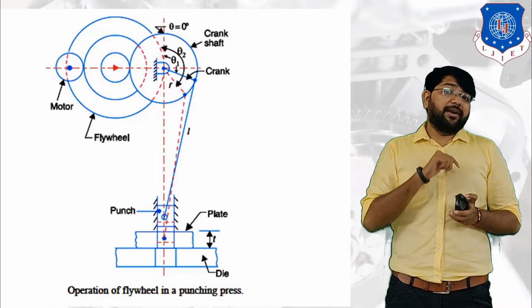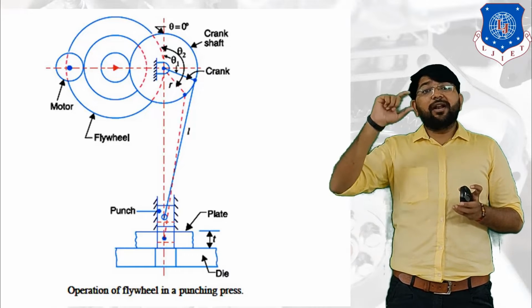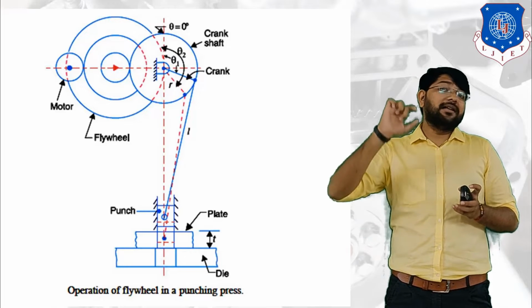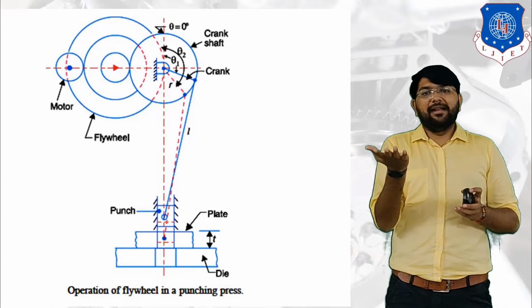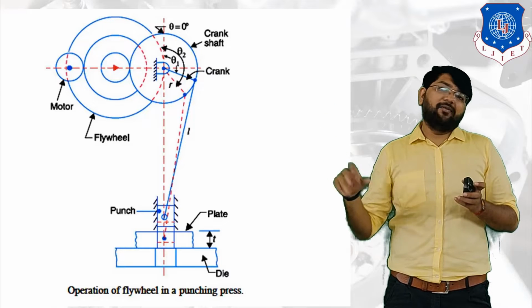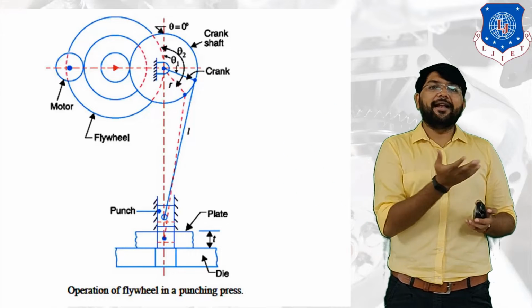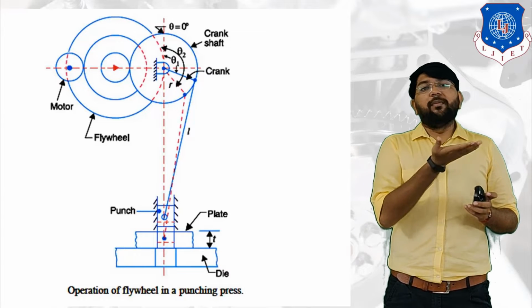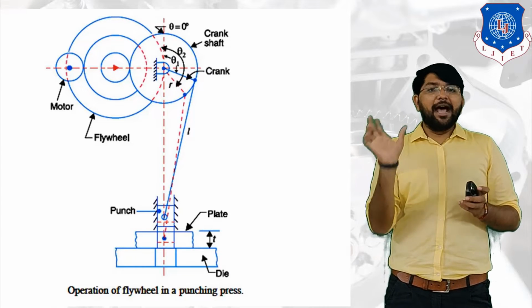In a punching press our piston works like a punch, and we require energy whenever the punch comes in contact with the plate. You see in this figure, there is one flywheel, one electric motor, and one slider crank mechanism. On the bottom side we put the material plate and die.